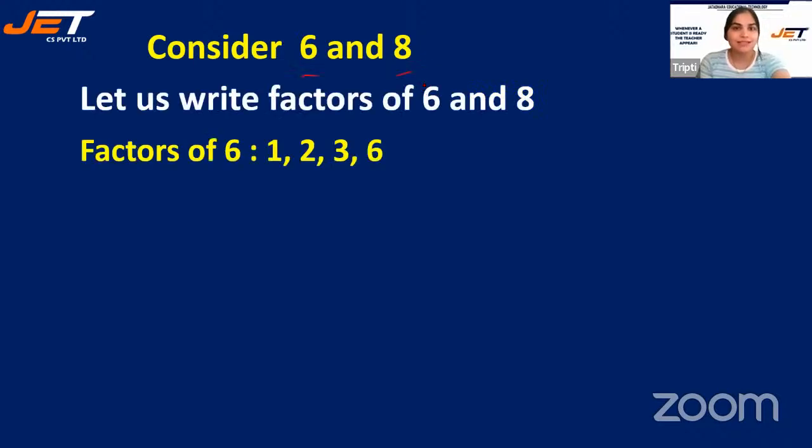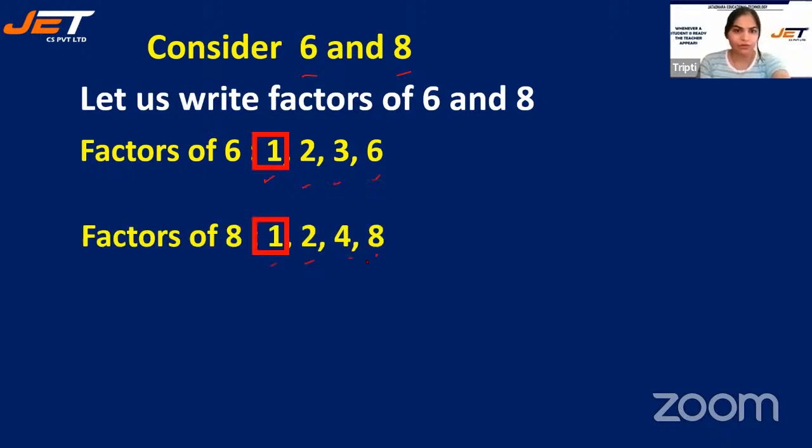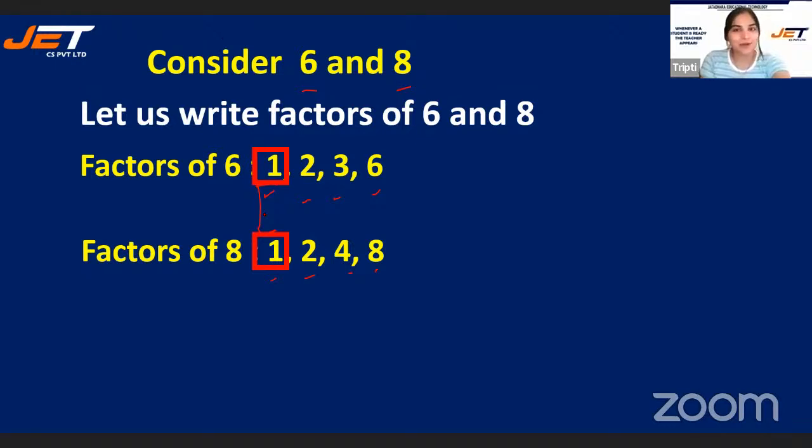Let's find out the common factors. Let's consider 6 and 8. We will write the factors of 6. The factors of 6 are 1, 2, 3, 6. Factors of 8 are 1, 2, 4, 8. What are the common factors? 1. 1 will always be the common factor. Always. Okay. So 1 is the common factor here, right?